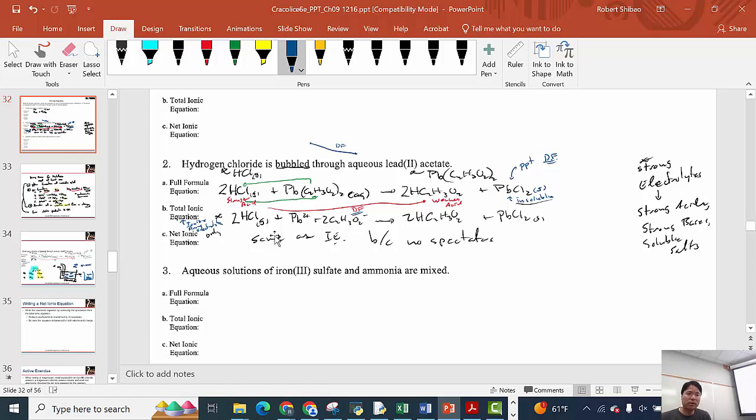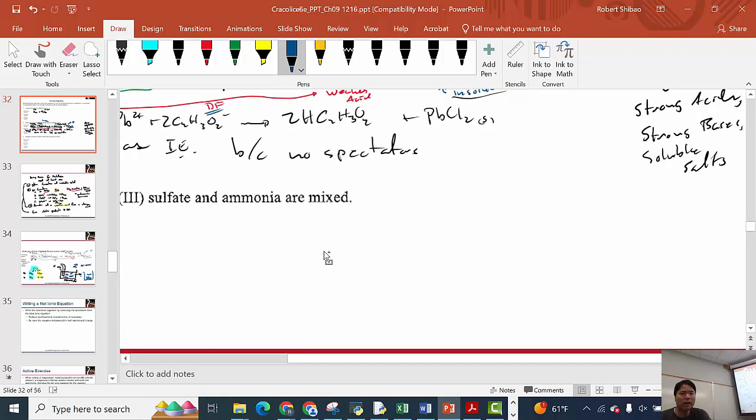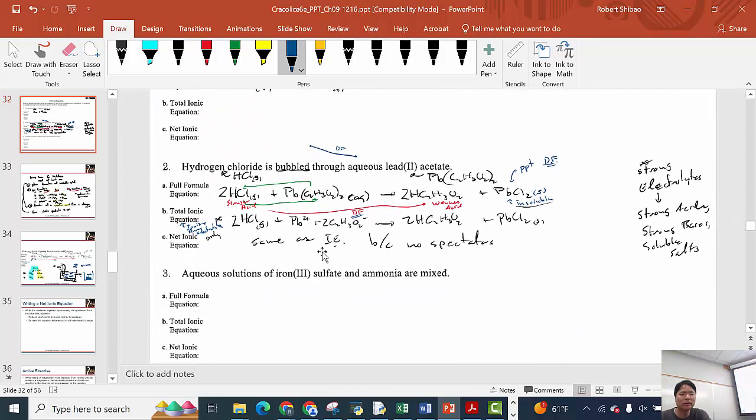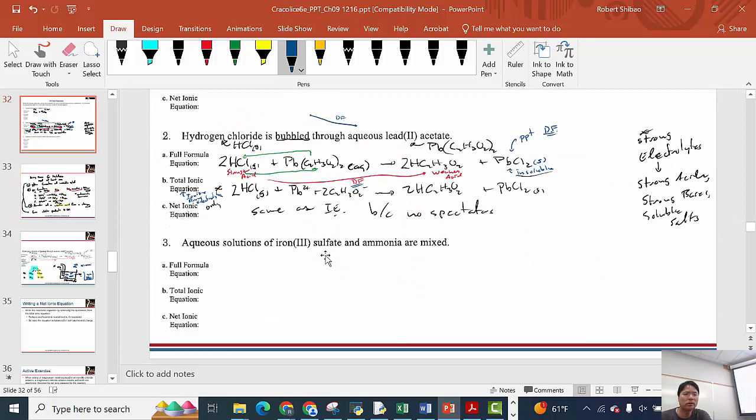All right, the next one is aqueous solutions of iron 3 sulfate. So what's the formula for iron 3 sulfate? Okay, iron 3 is Fe, the charge. But sulfate is SO4 2 minus, and iron is 3 plus.